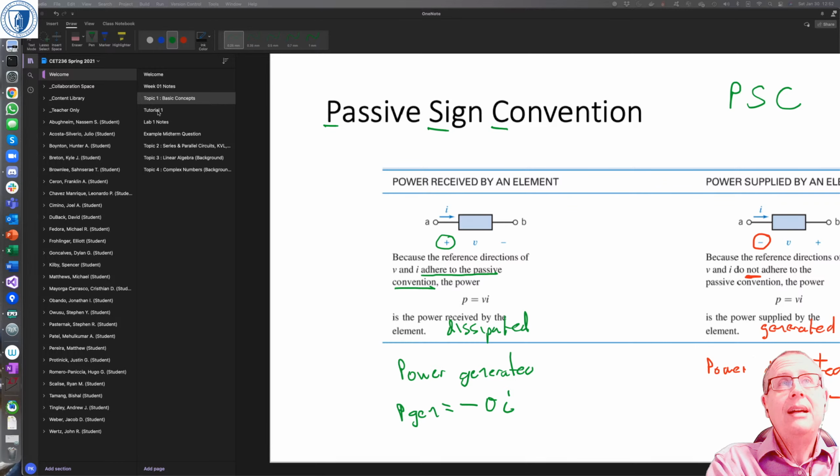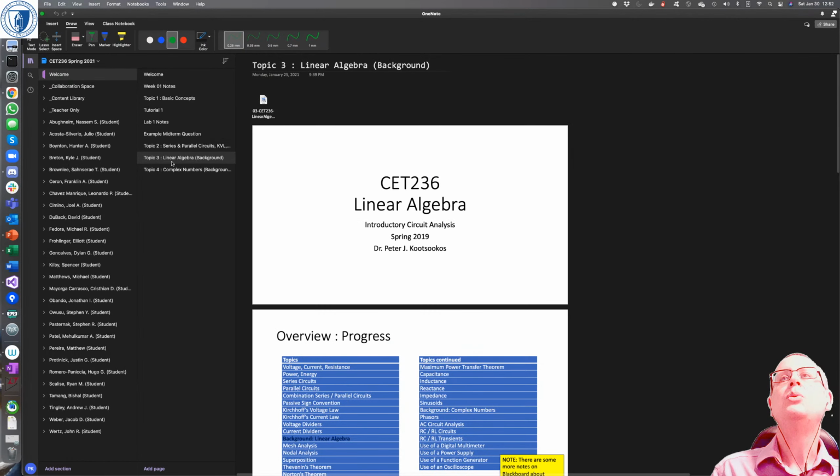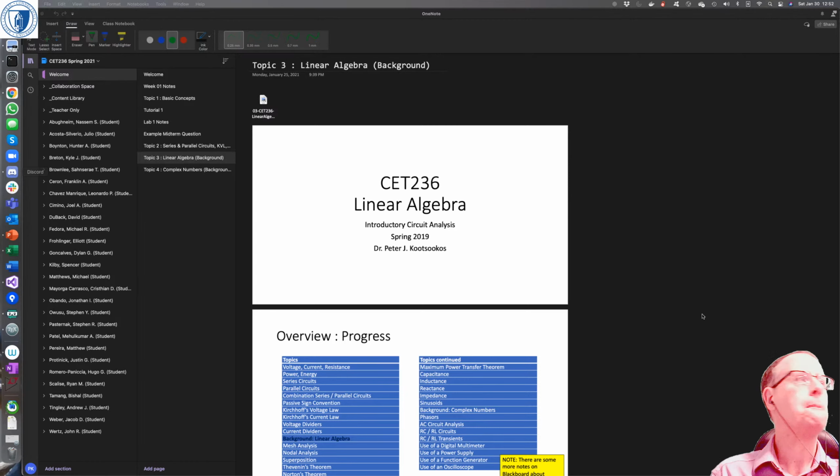If you have any problems, please ask about it during class next week. I'm happy to spend time on labs during class time. And then after that, next week we'll look at topic 2 and topic 3, the background material, linear algebra and complex numbers. Does anybody have any questions?